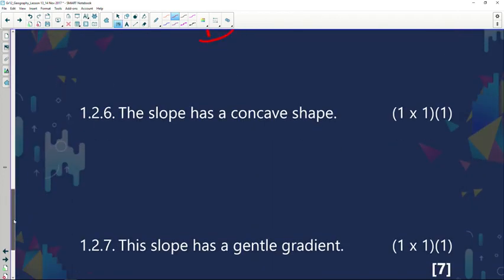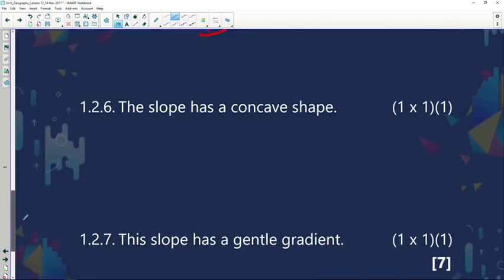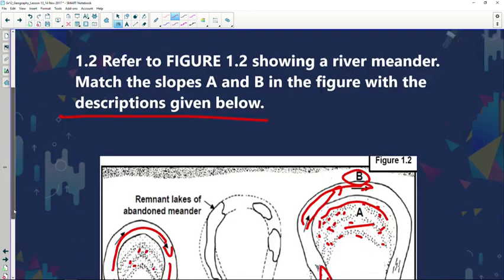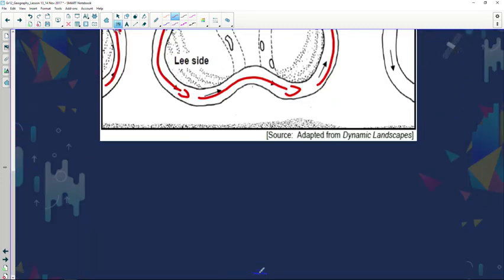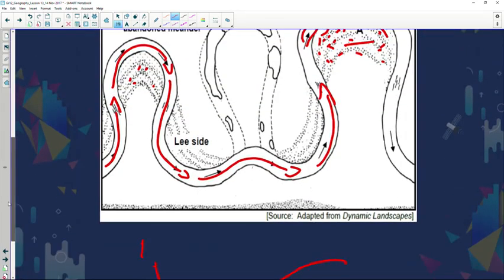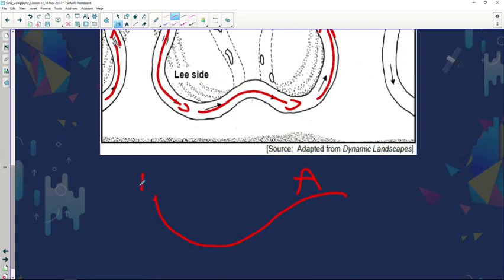The slope has a concave shape. The correct answer over there is B. If we quickly look at a transverse profile, I'm going to draw it over here for you from A to B. This is A and this is B. So B is where the erosion takes place and A is where the deposition takes place.